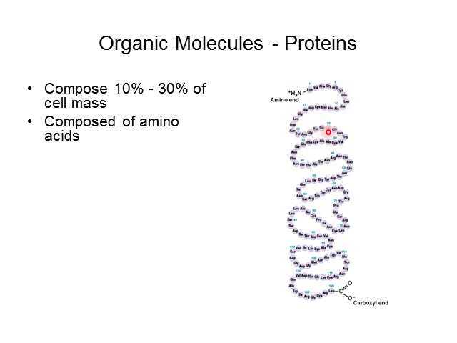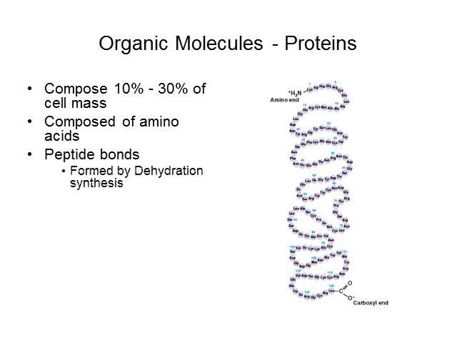So this is a polymer of amino acids or a protein. And this is a picture here of the first level of organization of a protein, simply the sequence of amino acids. Now, the amino acids are joined by a special type of bond, which you see only in proteins, called a peptide bond. It's basically formed by dehydration synthesis, like we've seen before.